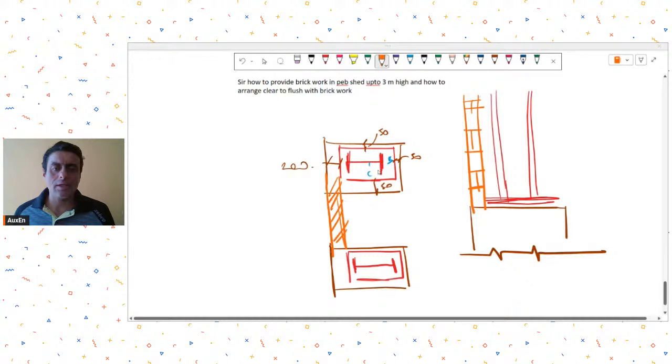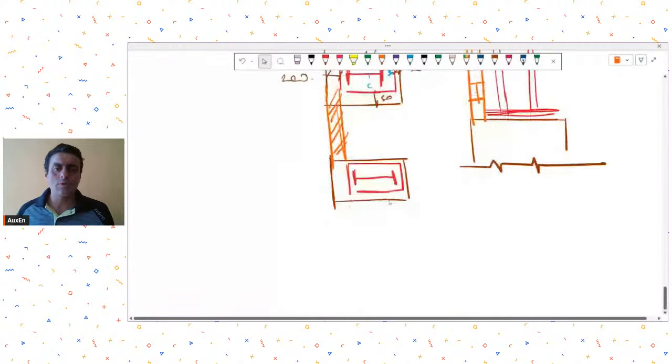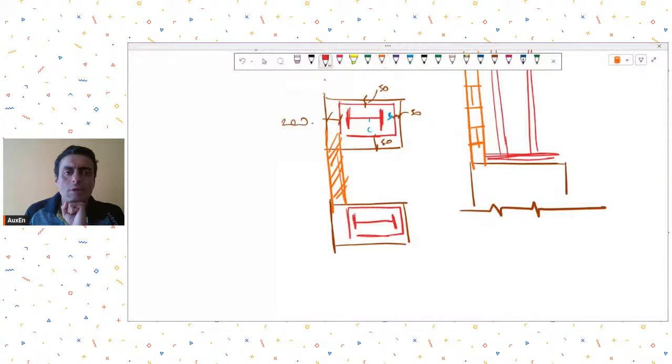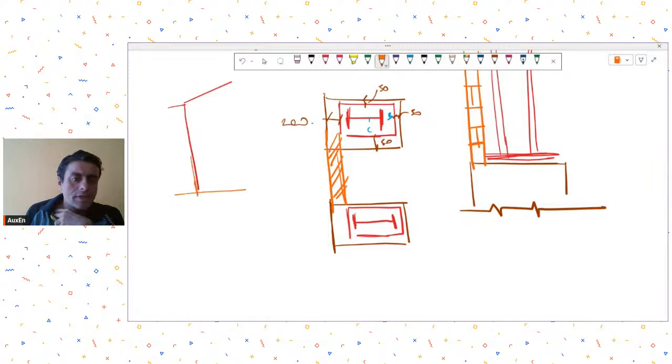Otherwise, what happens sometimes is we had faced this issue in one of our projects also, where this was my shed, let's say, this was the eaves level, and till 3 meters we had provided a brick wall, and above that was sheeting, and this brick wall we had provided touching the steel column.